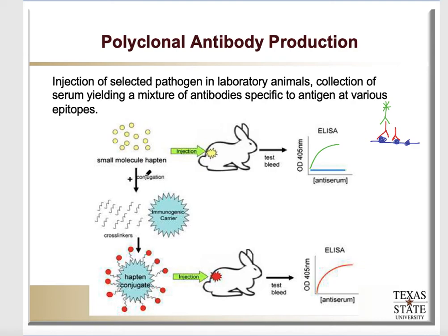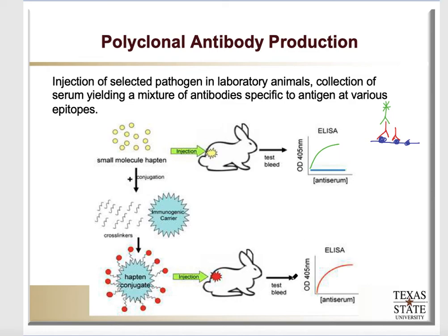And to do that, what's typically done is that it would be injected together with an immunogenic carrier. And there's different types, and I'm not going to go over that right now. But basically what we're doing is trying to present that target in a much more immunogenic way to the animal, so that once we inject it, now we're going to have more assurance that that animal will actually develop antibodies against it.